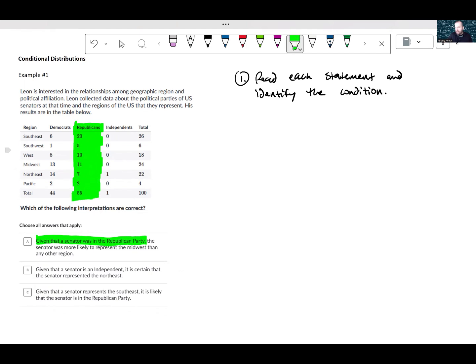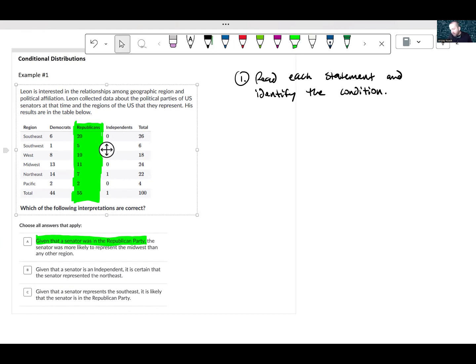So, this is under the condition that someone is a Republican. So, that's the same thing as saying, given that they're in the Republican Party. Another way you can say it is on condition that. So the senator was more likely to represent the Midwest than any other region on the condition that they were Republican.